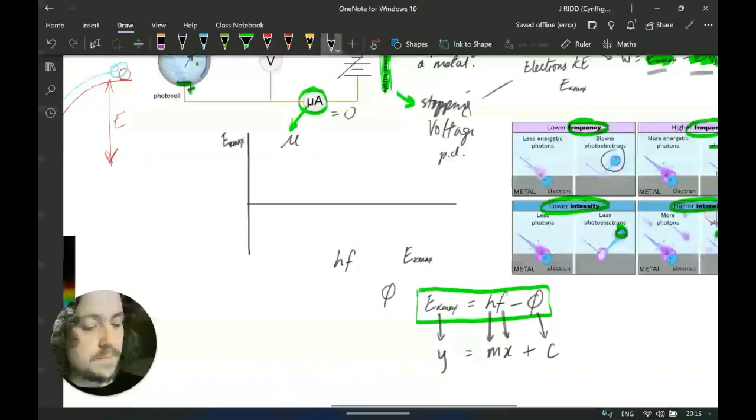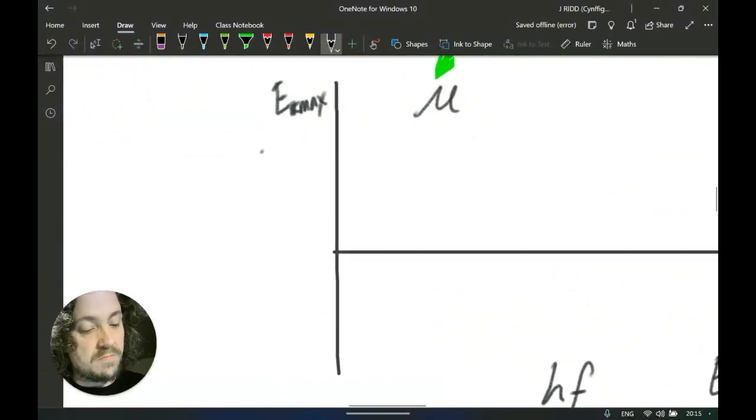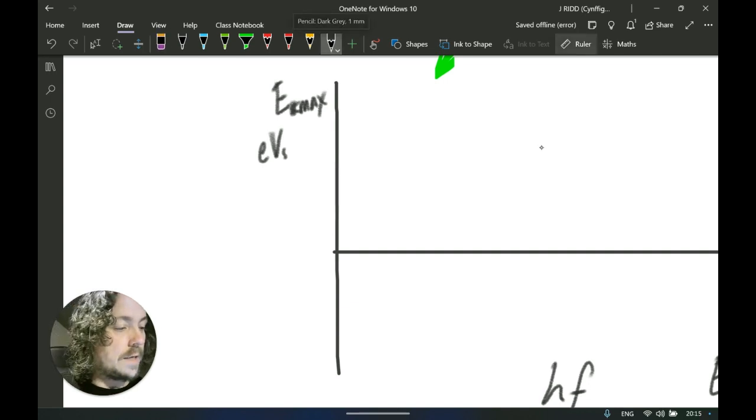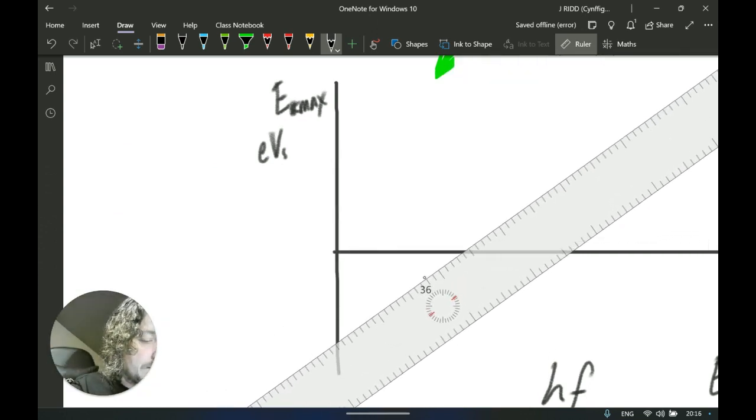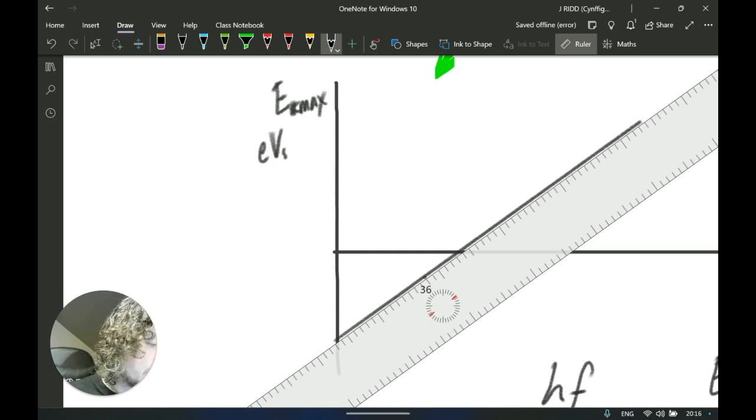So actually, if we plot E, or Ek max, it's the same thing on this axis. Okay, just going to get rid of this a second. Right, now, what do we find? Well, let Mr. Rigg get his ruler out here. What we find is we end up with something that looks a bit like this.